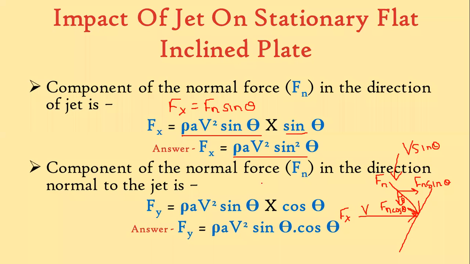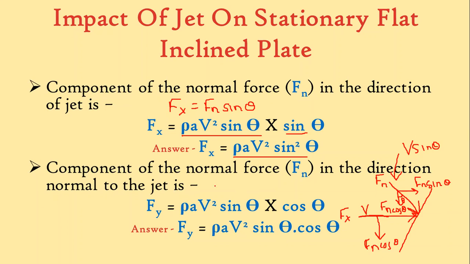And the component of the normal force in the direction normal to the jet is, okay. Now in the direction normal to the jet, what is the direction normal to the jet? Vertical direction. The direction of the jet is horizontal, so the direction normal or perpendicular to the jet will be the vertical direction, and its component is Fn cos theta.